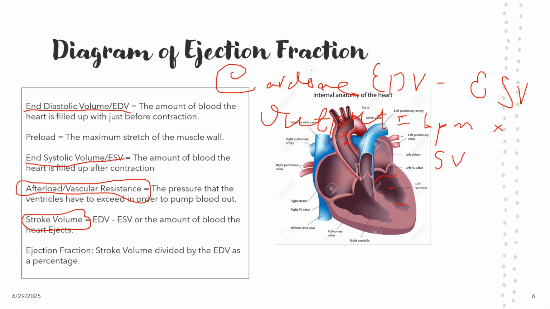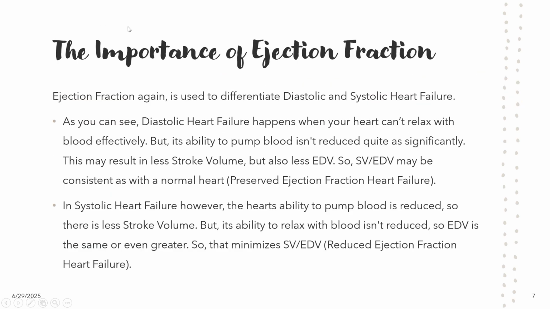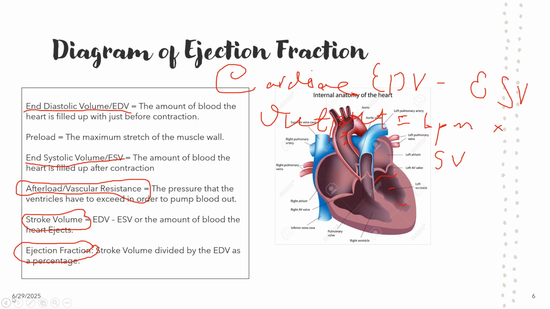And now we are finally here with ejection fraction. Ejection fraction is defined as the stroke volume divided by the end diastolic volume, as a percentage, which is pretty understandable. In math, we learned about something called percent change, right?